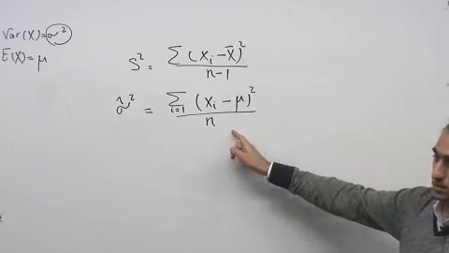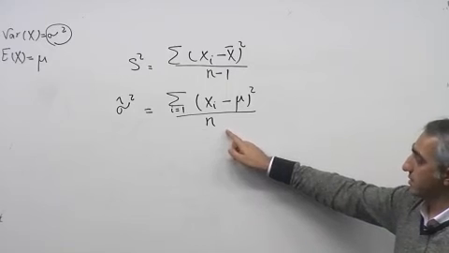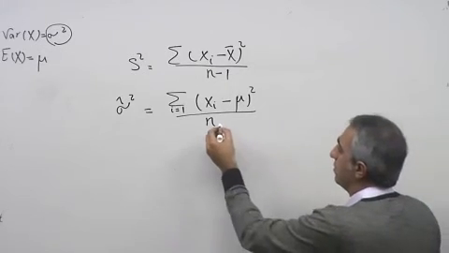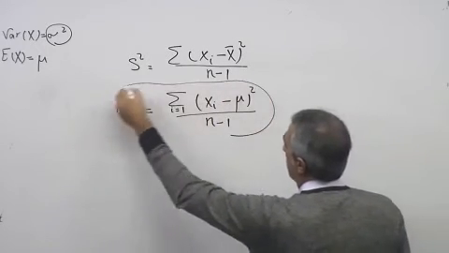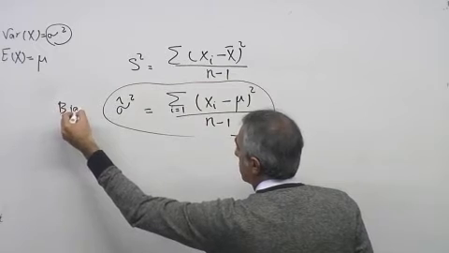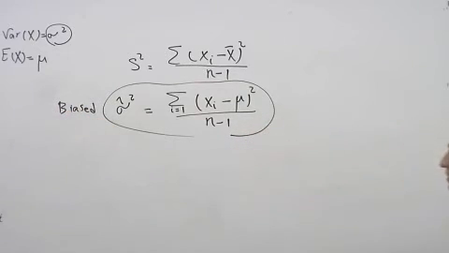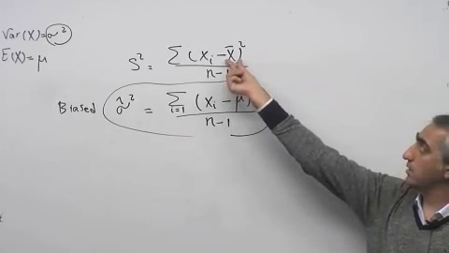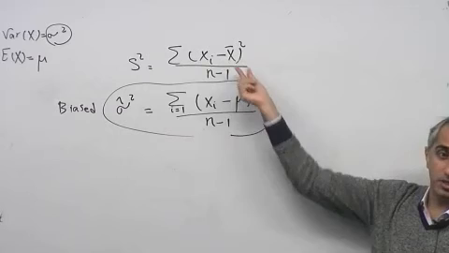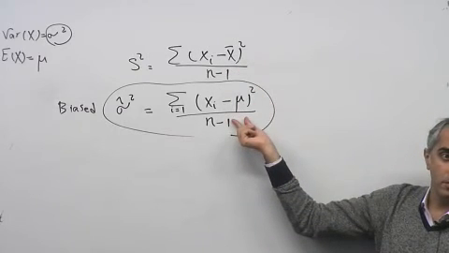Okay? So this is a better estimator. I will show you why this one is biased, and then we will see how we can make it an unbiased estimator. So see the difference between this guy and this guy. Here, we don't know the value of mu. Here, we know the value of mu.